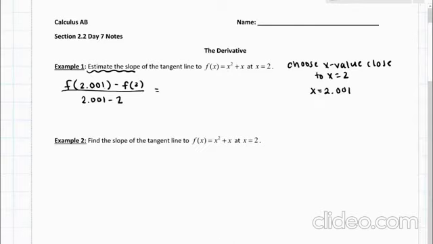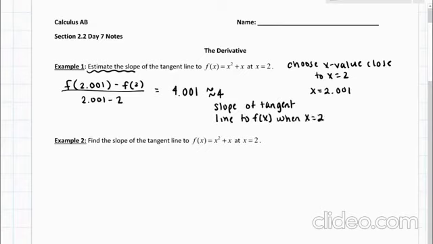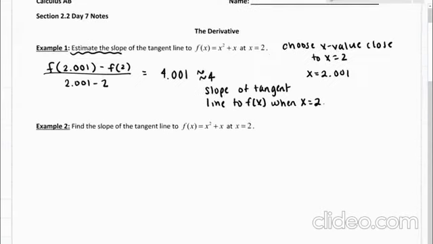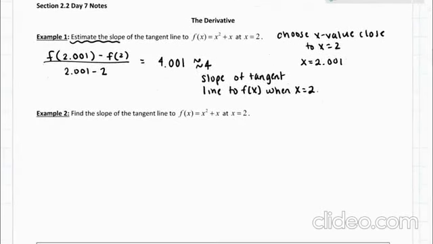So when we calculate that, 4.001, approximately 4 would be our estimate. So that is our estimate for the slope of the tangent line to f of x when x equals 2.